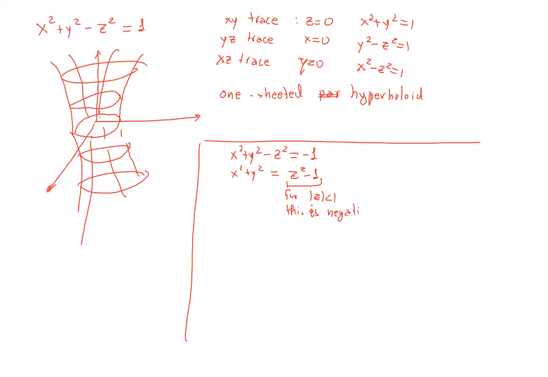That means that there will be no points, which means that the intersection of the surface with planes between z equals 1 and z equals -1 is going to be empty.